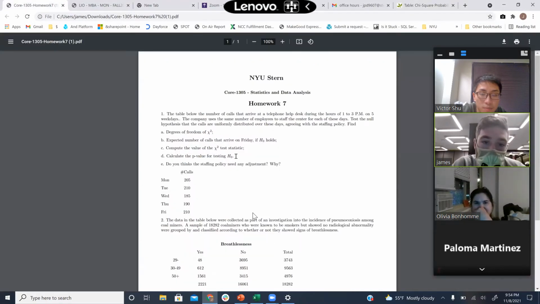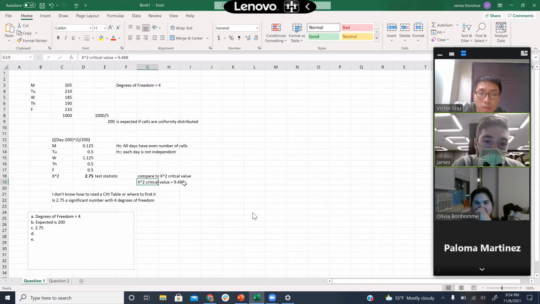But it says calculate the p-value for testing the null hypothesis, so I don't understand how the p-value comes about. Okay, instead of putting in degrees of freedom and alpha in that chi-square table, you put in 2.75 and the degrees of freedom, and then you locate the probability.